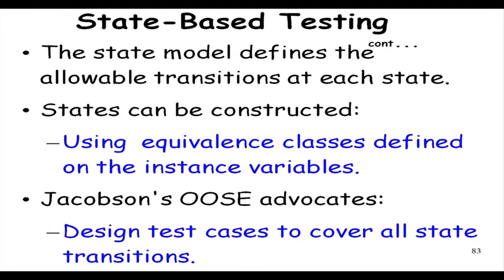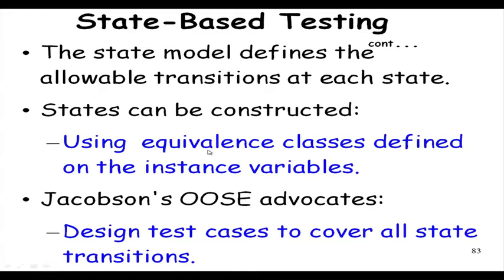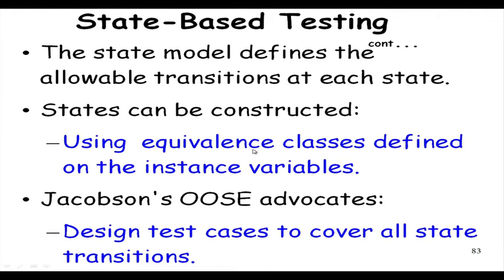Let us say an instance variable can assume values 1, 2, 3, and in that case we might say that there are 3 states, when the instance variable value is 1 or 2 or 3. So, we can define equivalence classes on the instance variables, that is, those values for which the class remains in the same state are equivalent. That will help us determine the states of the class.